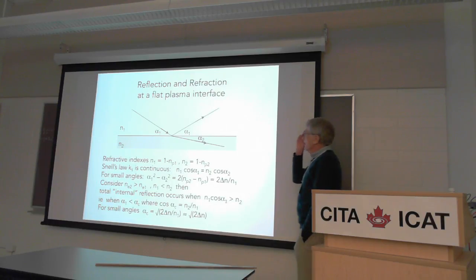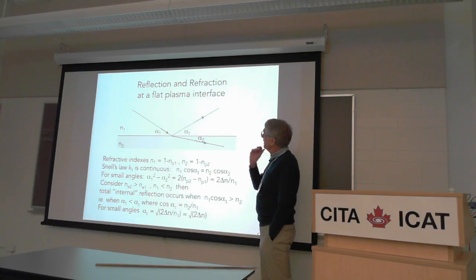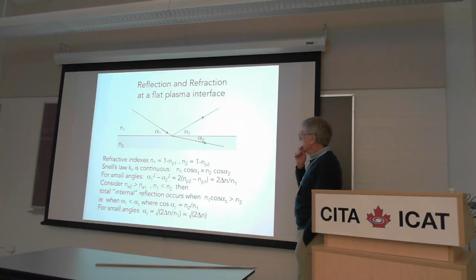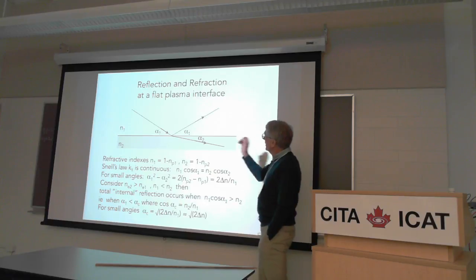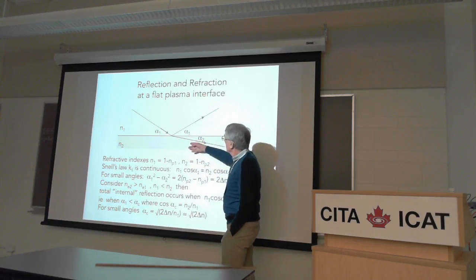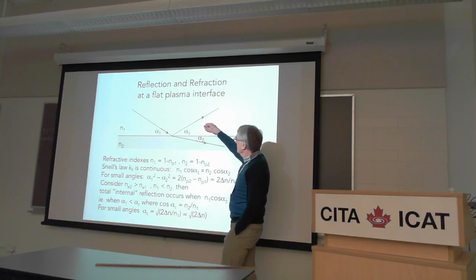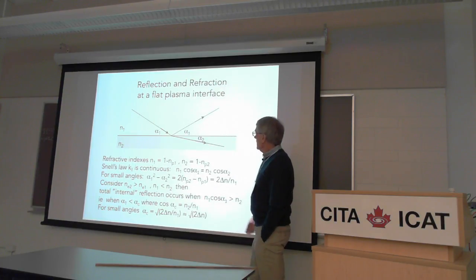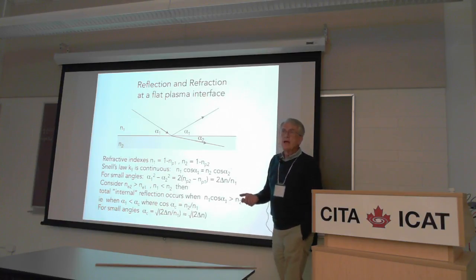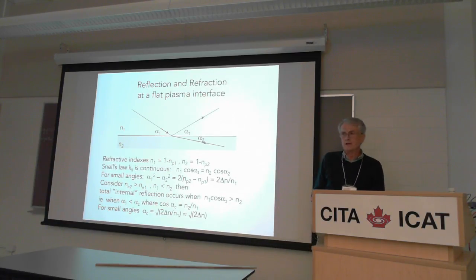And I took this grazing incidence to the limit. So now let this just be an ideal interface between a plasma density here and a lower one there. So the refractive index here decreases at this point here. You can, in principle, get total internal reflection.